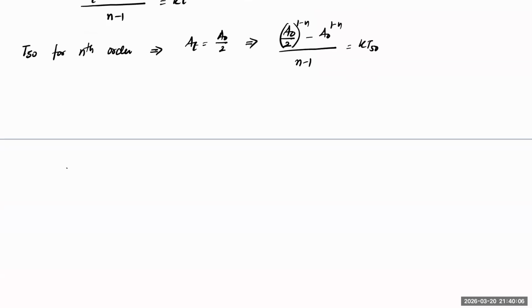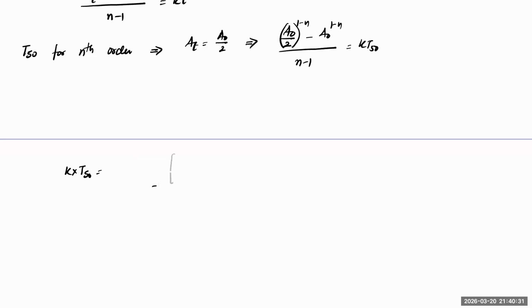So therefore, K into T50 is equal to 1 by (n minus 1) multiplied by... sorry, I need to correct my mistake.